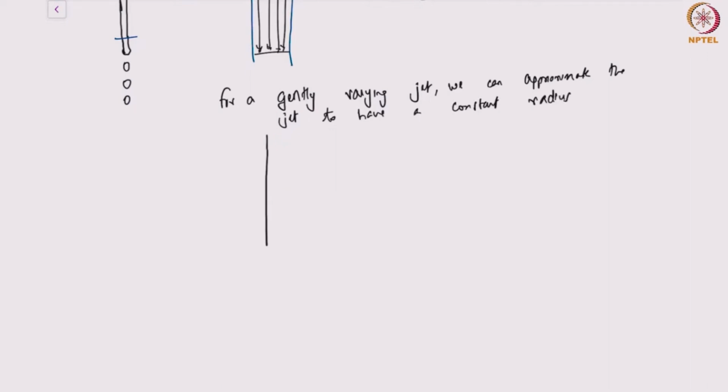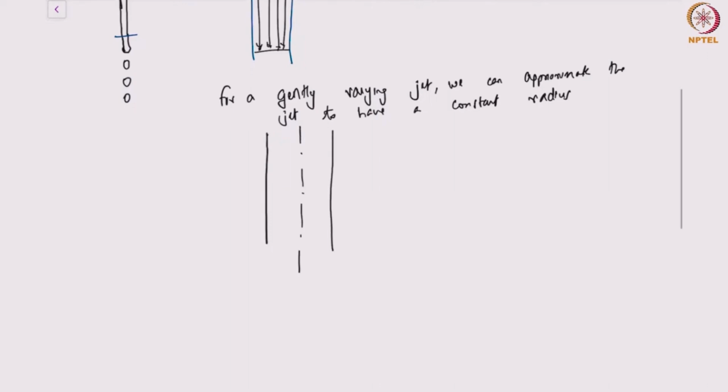So now what we have is a filament whose radius is constant. This could still be a falling jet. If it's a falling jet, all that we need to do is to make it into a stationary filament. Okay.